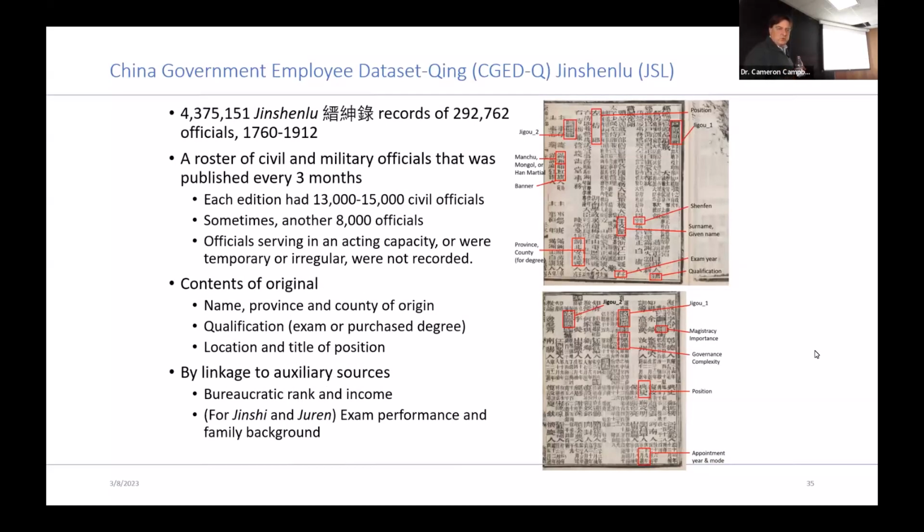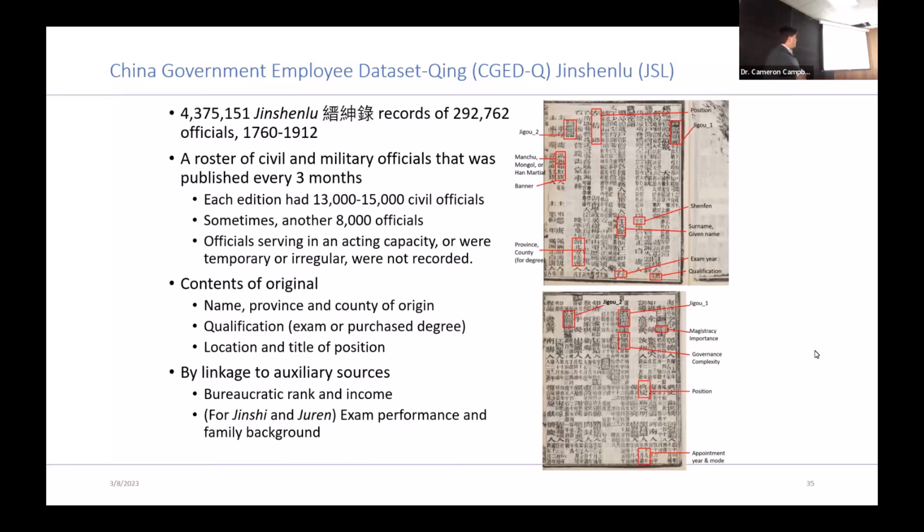So the other source that we've been working on for the last decade or so, we moved away from land and population, and we've been collecting data, as I alluded to toward the beginning, on various kinds of elites. I've been heavily involved in this effort to create a data set out of the personnel records of the Qing bureaucracy.